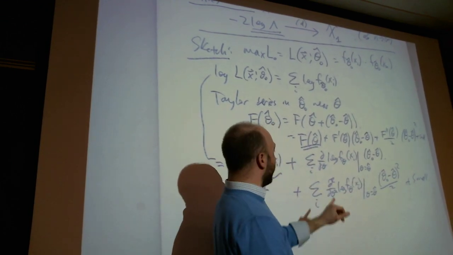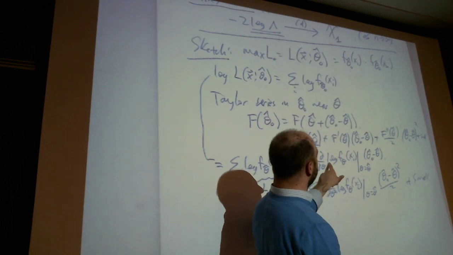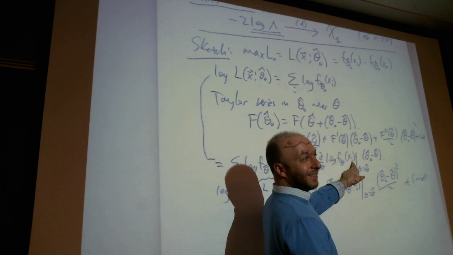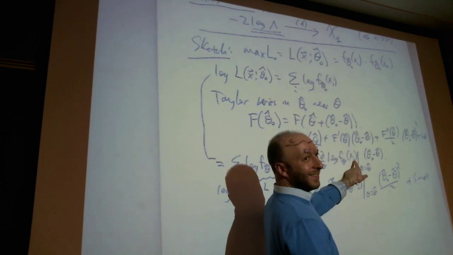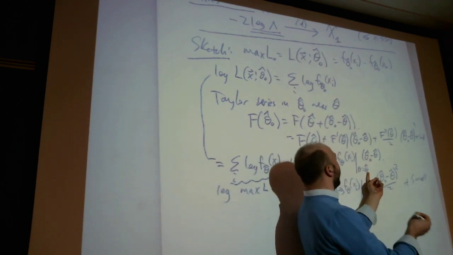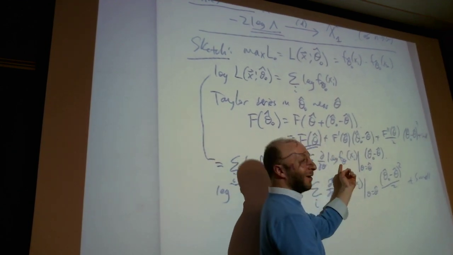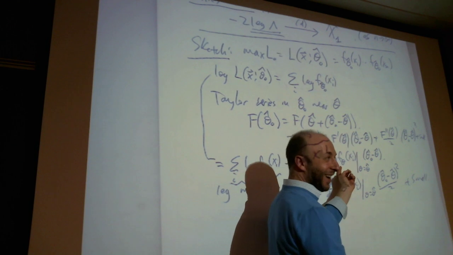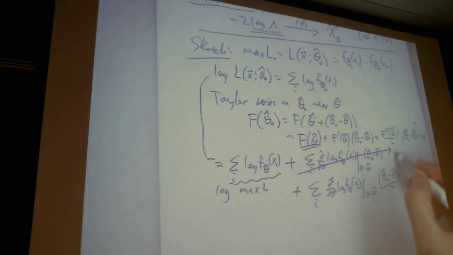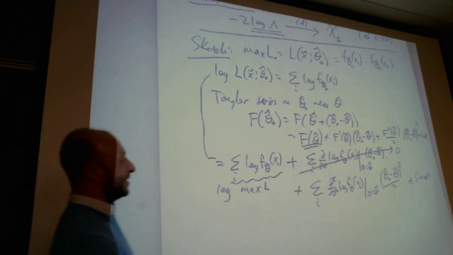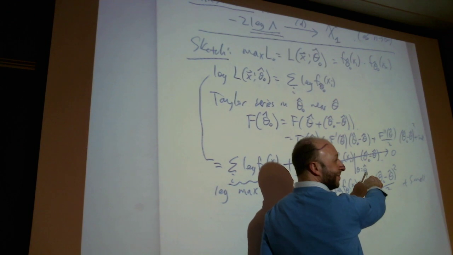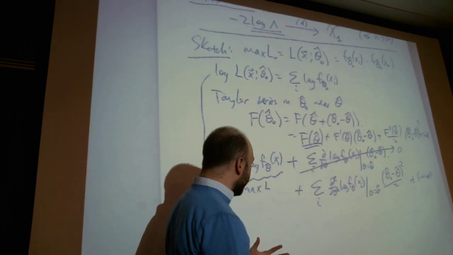If I bring the sum inside, this is the derivative of log L. That's 0, because the definition of theta hat is it's the thing where this derivative is 0. That's the key thing to see, that this is 0 because this derivative is exactly vanishing at theta hat. That's the first thing you have to see.